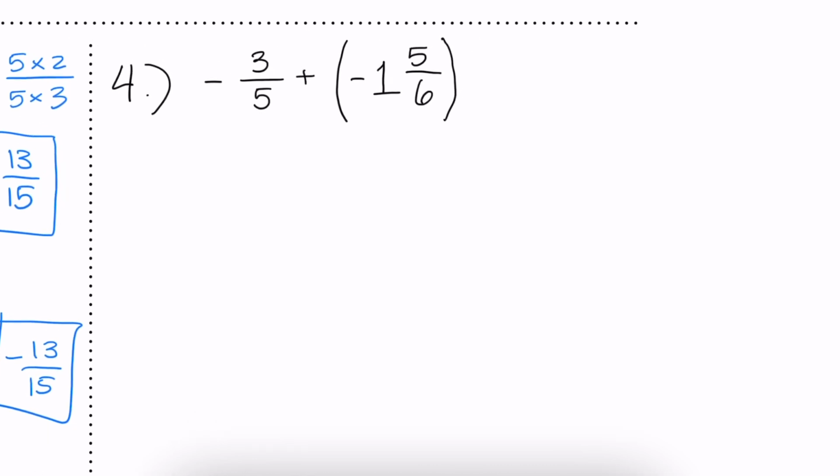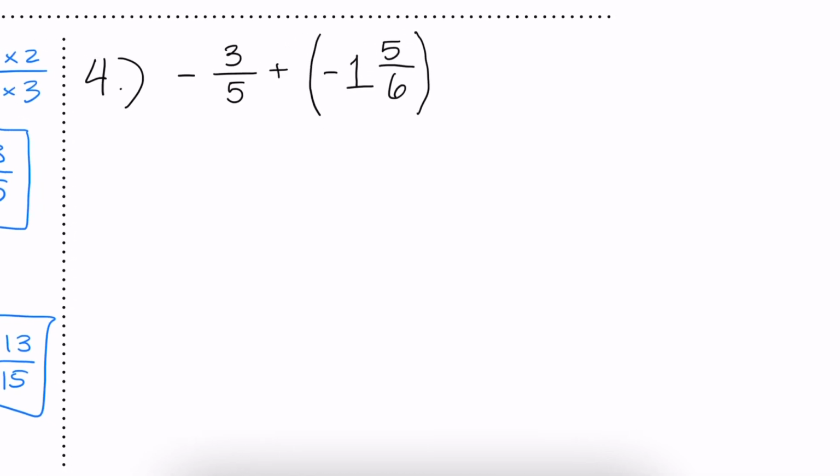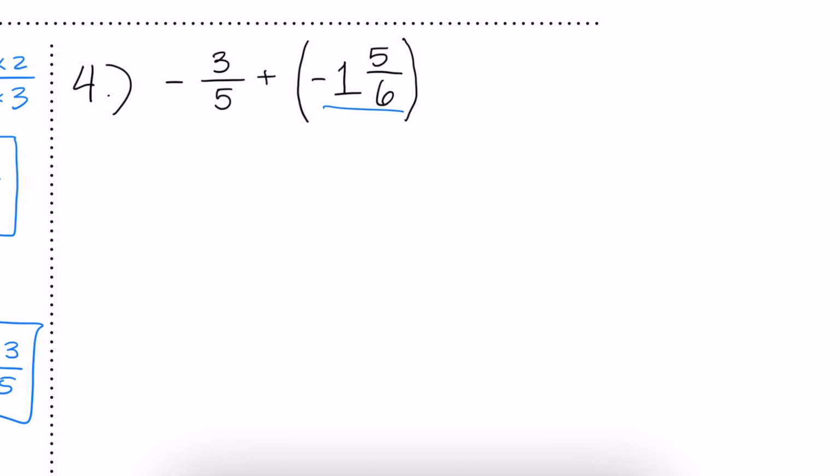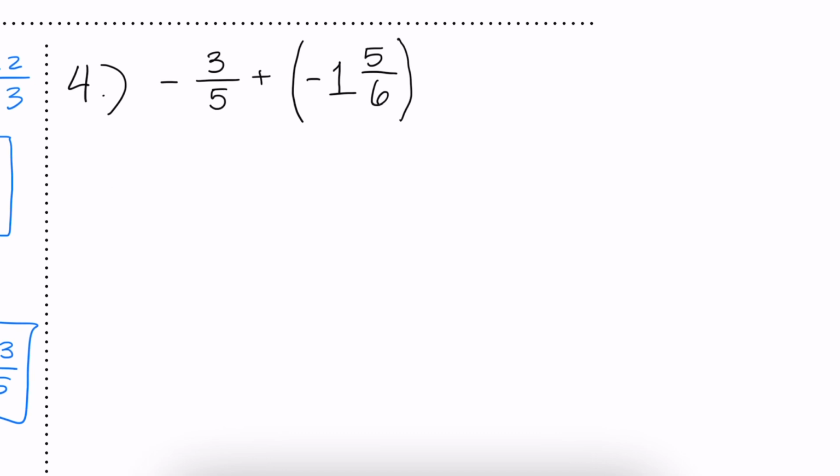Okay, let's go on to problem 4. This is again similar, except instead of having it a little easier like this, you're going to have to turn this fraction into improper form. So a quick way to turn it into improper form, I'm just going to do it off to the side over here in a different color. Negative 1 and 5/6 is equal to, you're going to multiply 1 by 6, so this number by the denominator, and we get 6, but add the numerator.